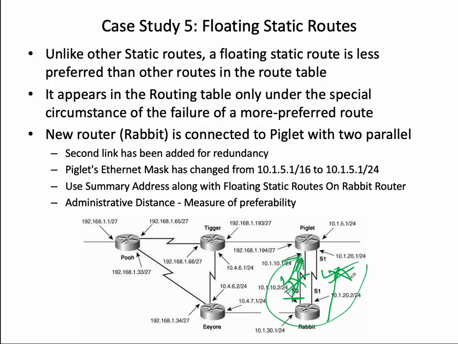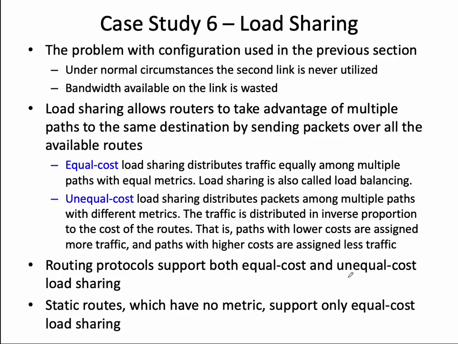So what should we do? Load sharing or load balancing. Load sharing allows routers to take advantage of multiple paths to the same destination by sending packets over all the available routes. There are two types of load sharing or load balancing: equal cost and unequal cost.